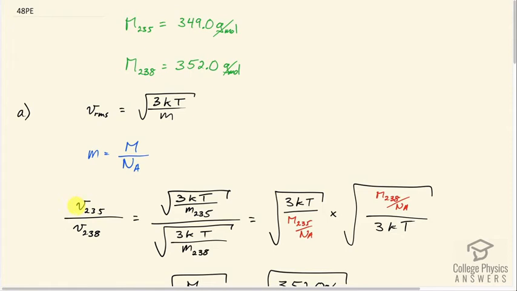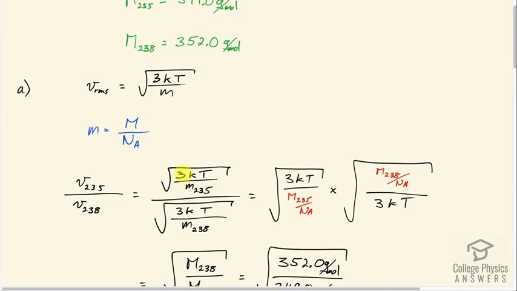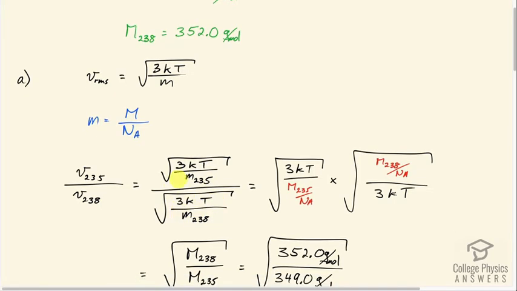So we have V_RMS of the 235 isotope divided by the speed of the 238 isotope will be square root of 3kT over m235, divided by square root of 3kT over m238. So we're dividing a square root of a fraction by the square root of a fraction. I'm going to instead multiply by the reciprocal of the denominator.